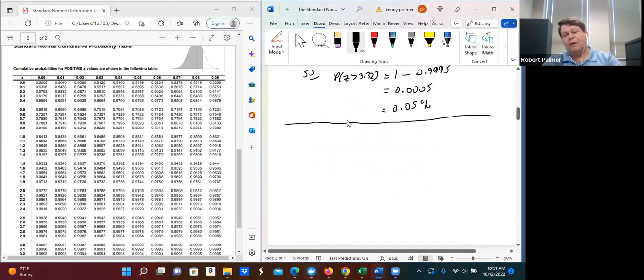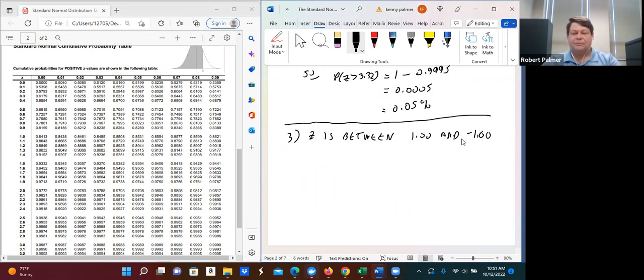We'll start right here. So the probability that z is between 1.00 and negative 1.00. Okay, so once again, let's draw this as a picture. Here's our standard normal distribution. Here's 0.